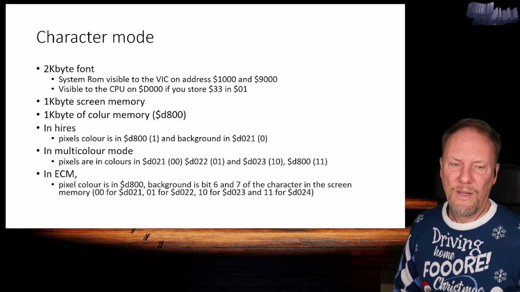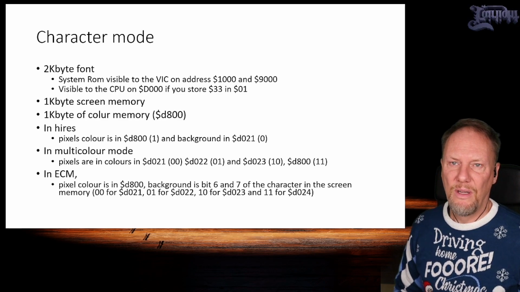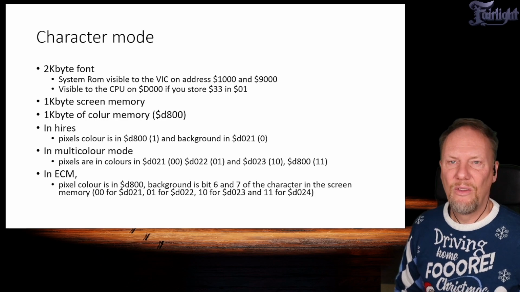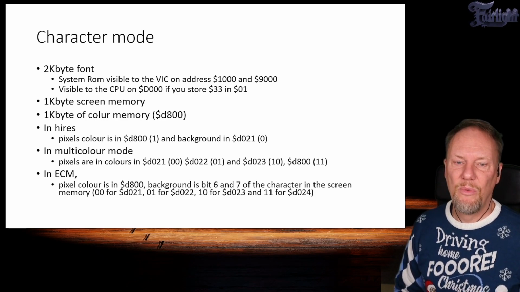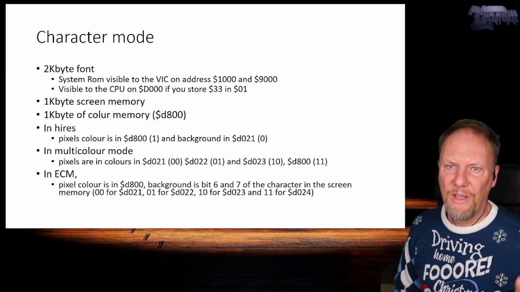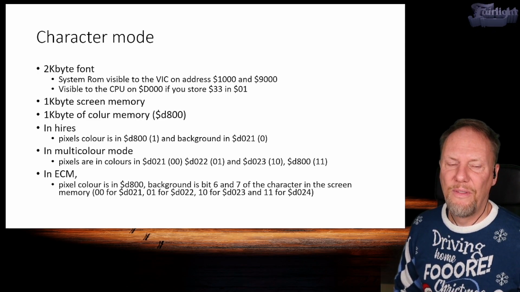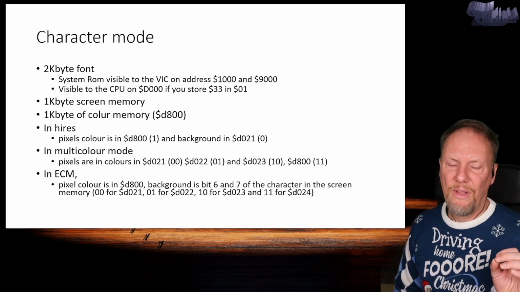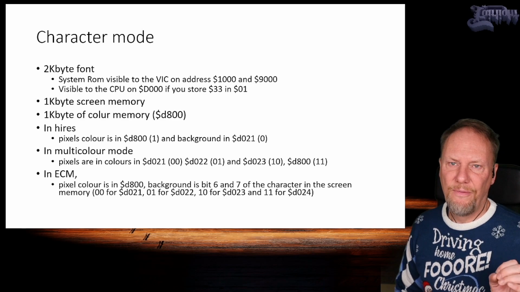And then you also have 1 kilobyte of screen memory. That's always there. And the 1 kilobyte, or kilonibble, of color memory on D800. And just to give you a brief understanding of how this works: in high-res mode, you have the pixel set in the font.